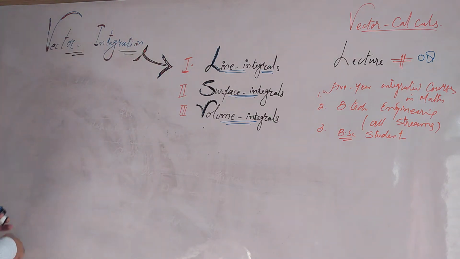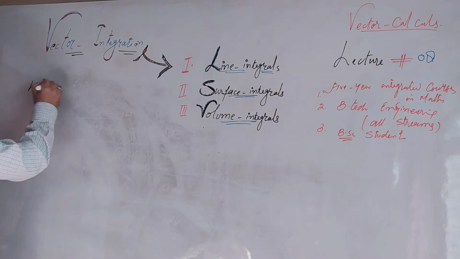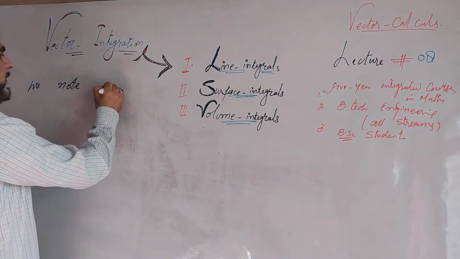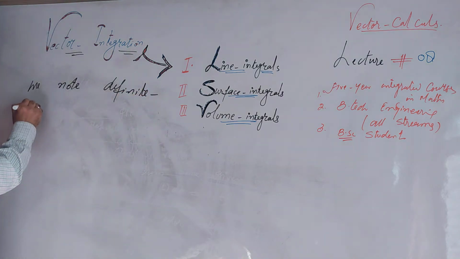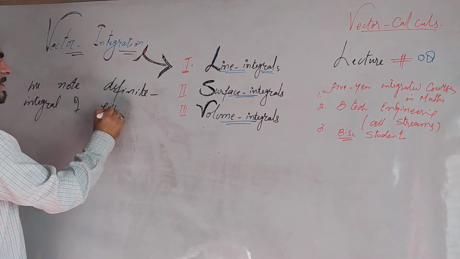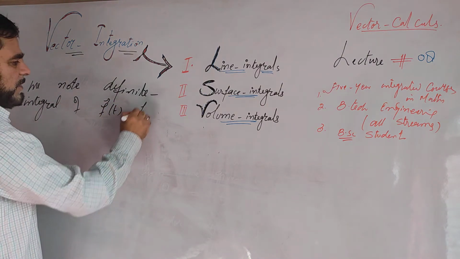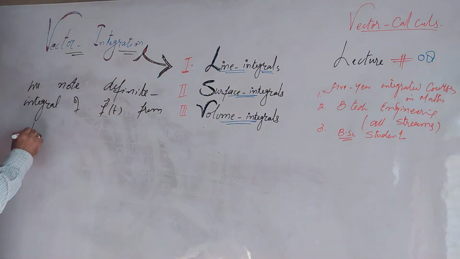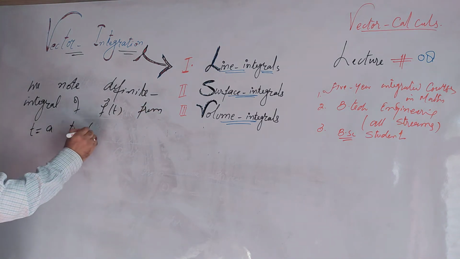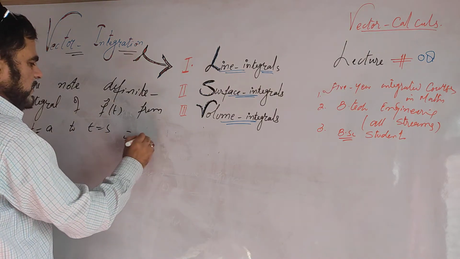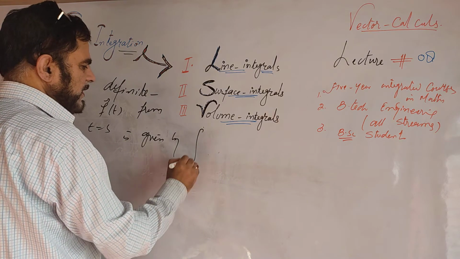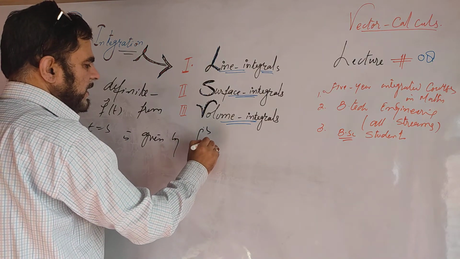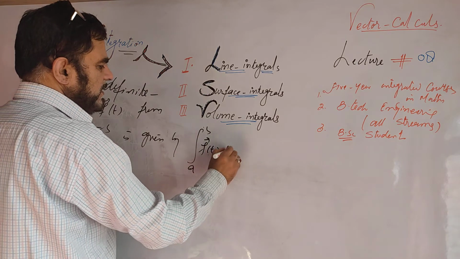We also note the definite integral of vector function f of t from t equal to a to t equal to b is given by the integral from a to b of f of t dt.